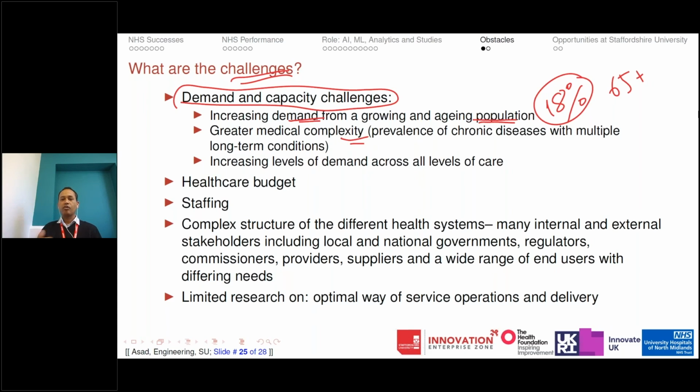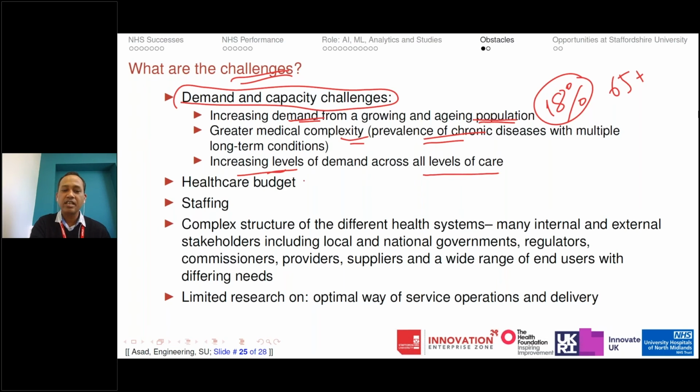Therefore, more complex care, more complex situations are faced by the patients. So patients are having multiple conditions. And if we look, the demand is increasing for every single indicator across all levels.